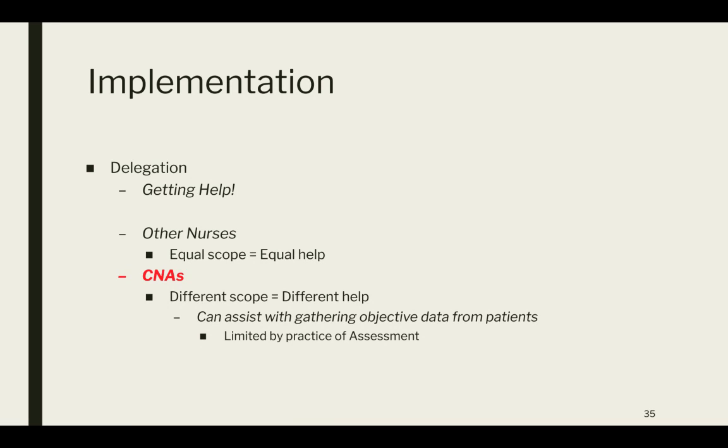For a while there, we're seeing LPNs really phased out of nursing practice, but they are really starting to come back. Rural and long-term care are using more and more LPNs because we don't have enough nurses being trained. So whenever you're implementing and you're trying to delegate and getting help, you have to remember scope of practice and what the other person can and can't do.